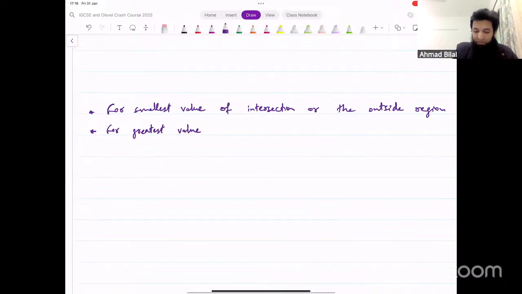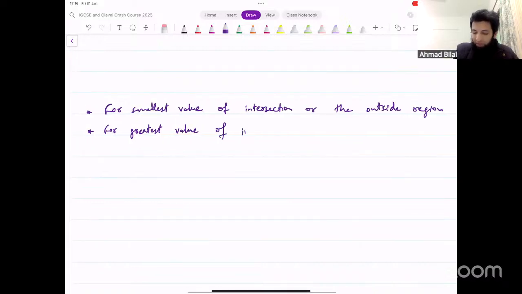And the same for this: for the greatest value of the intersection part or the outside region. Generally, that's what they will be asking for.